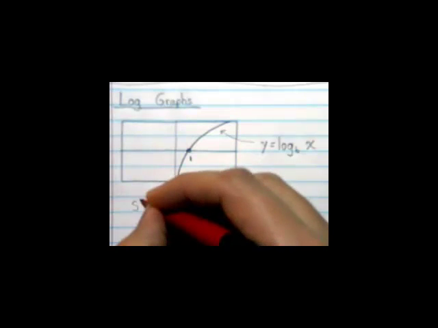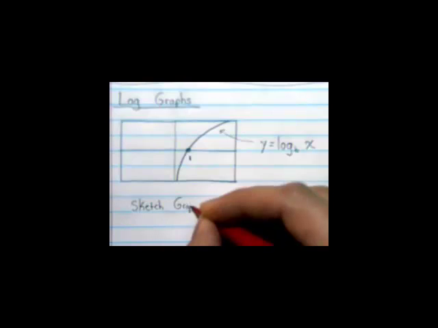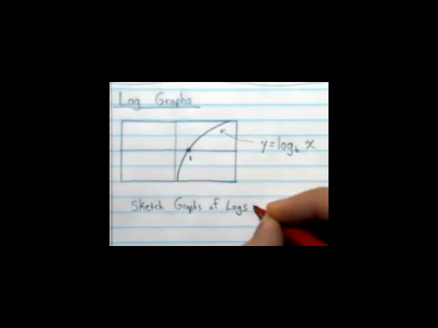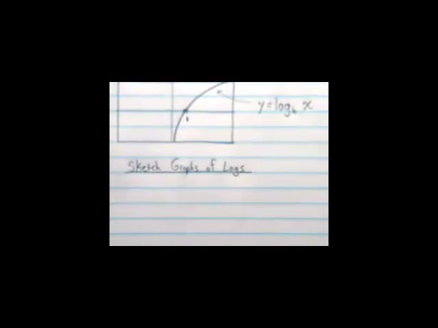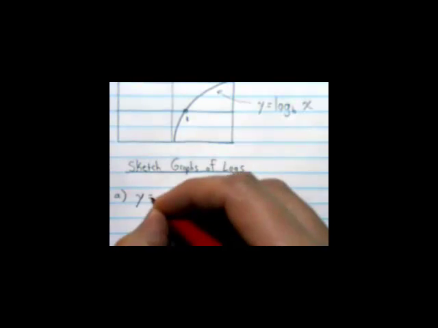We're going to do some sketch graphs of some logs, and I'm going to take a log of some various base and just do something to it and see if you can figure out what it should look like.